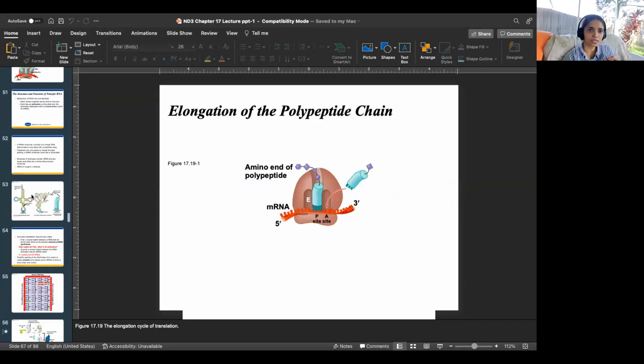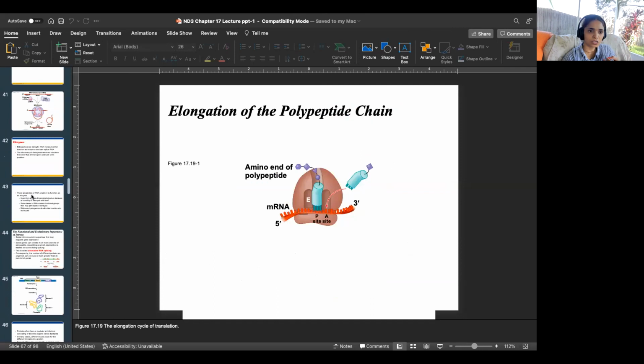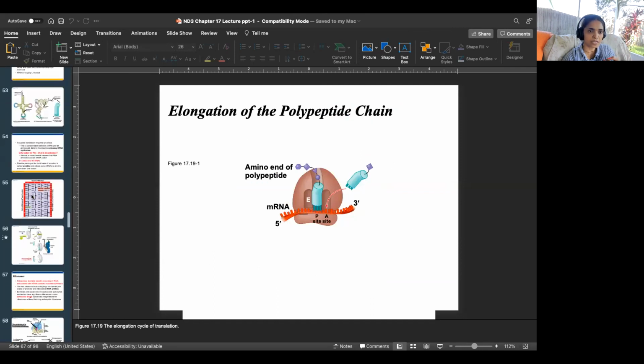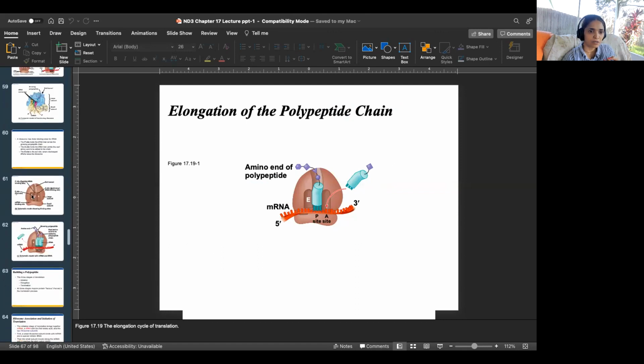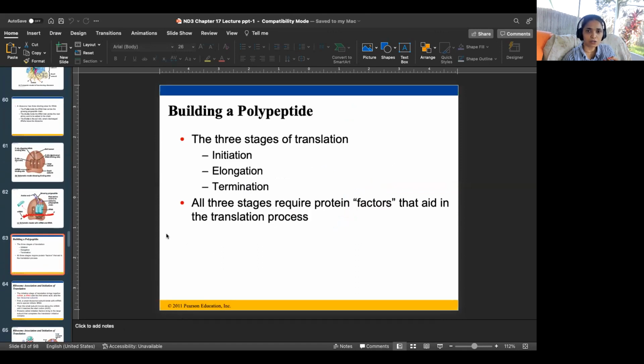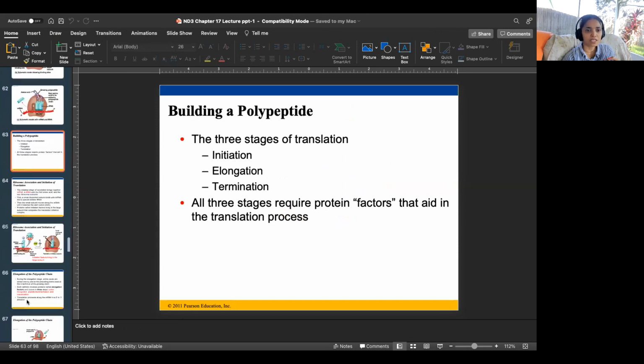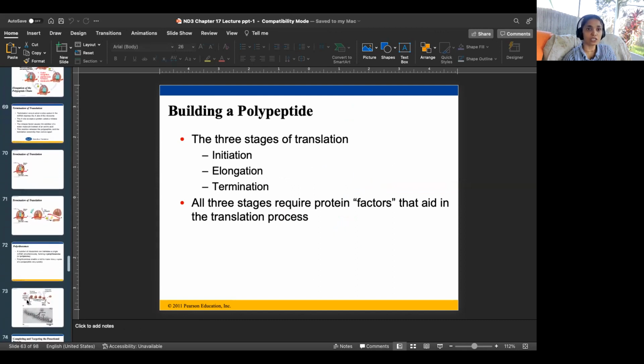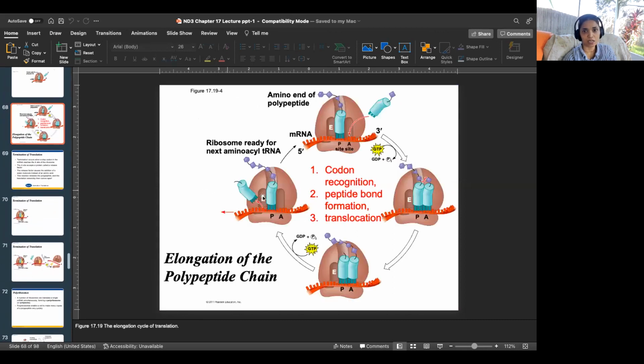If they ask what are the three stages of translation, we would say initiation, elongation, and termination. If they ask what are the three steps in translation elongation, we would use codon recognition, peptide bond formation, and translocation.